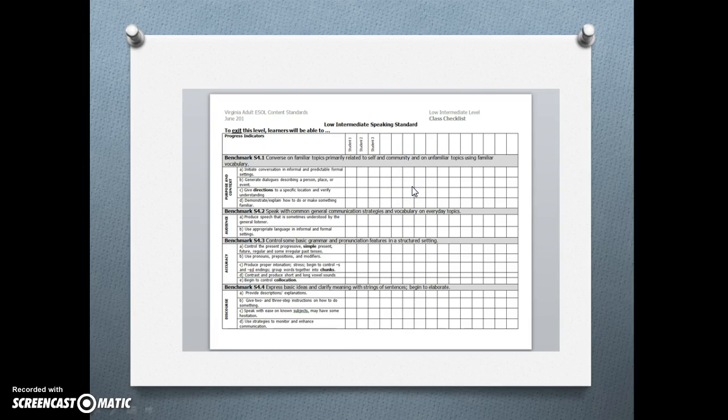So basically, as you would normally walk around and listen to the students and informally assess them, here you would hold this checklist and make notations, maybe a check, meaning that they got it, a minus, meaning that they need more practice, but you can make notations as to students' performance and whether or not they've met the benchmark or the indicator. So let's take a look at what that would look like.